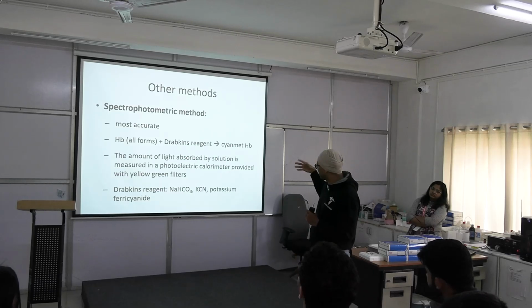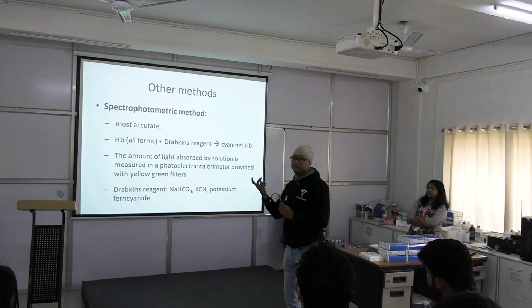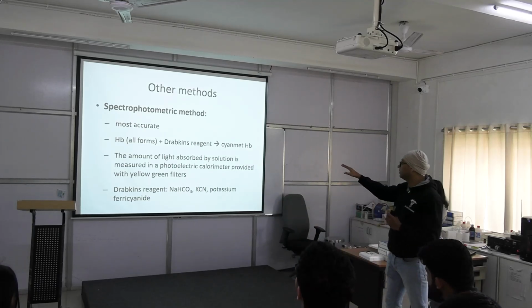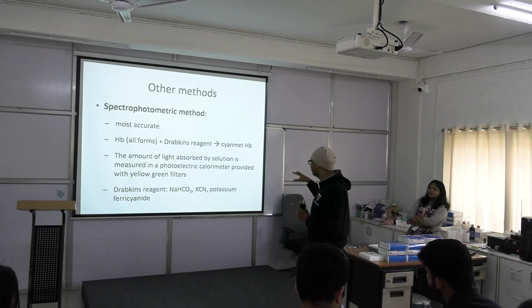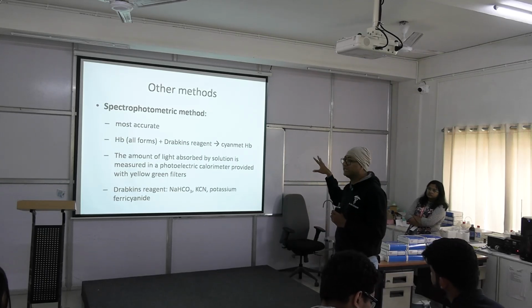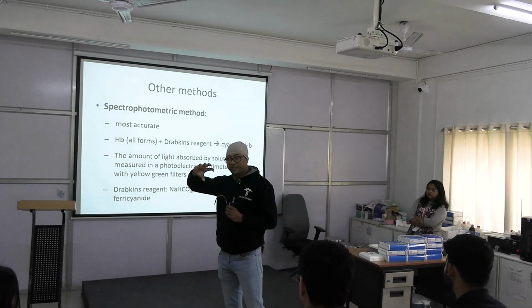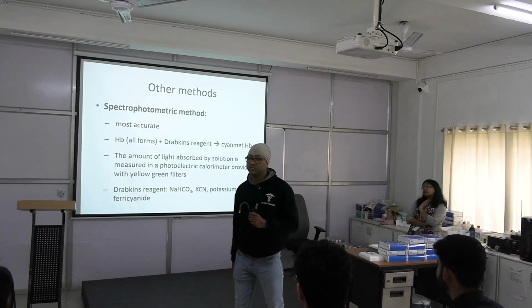Now this Cyanmethemoglobin का हम लोग optical density measure करते हैं with the help of light. Okay, the amount of light absorbed by the solution is measured by a photoelectric colorimeter provided with yellow green filters. Okay, so इसका optical density हम लोग measure करते हैं, and with that optical density we apply a formula and इससे हम लोग hemoglobin concentration निकाल सकते हैं.